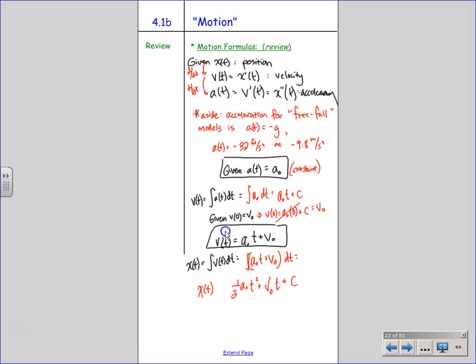But let's say that we're given an initial position, a starting position. What do we do when we're given clues? Plug it in. So if we were to plug in, wouldn't we have x of 0 is equal to 1/2 a sub naught 0 squared plus v sub naught 0 plus c?